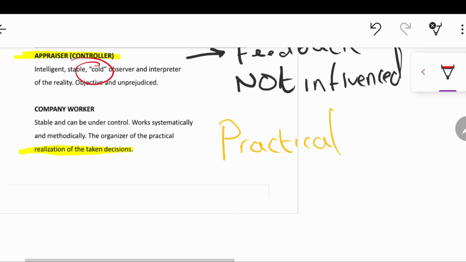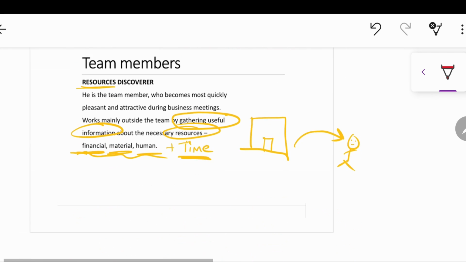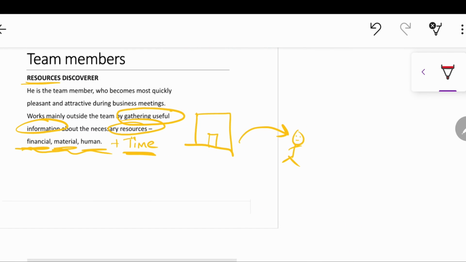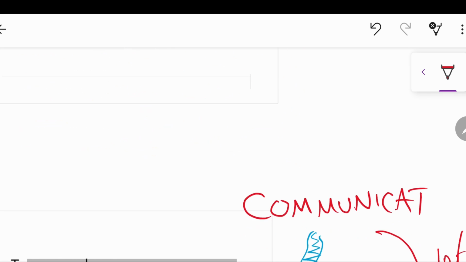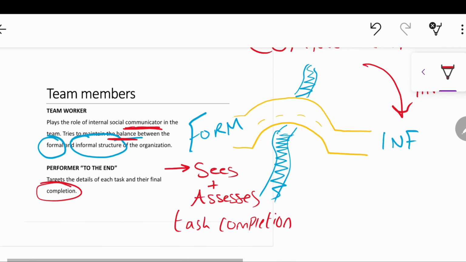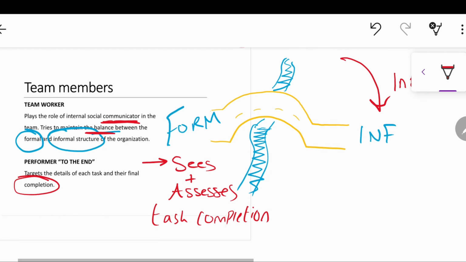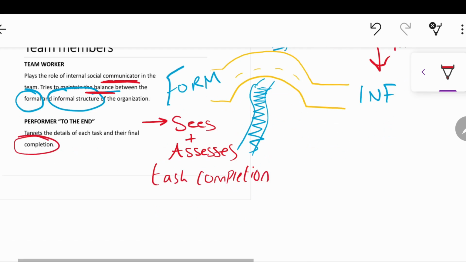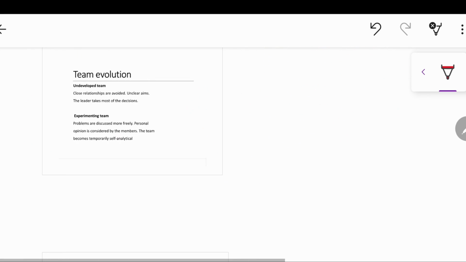The company worker, who is the realizer of the decisions. All right. The resource discoverer works outside the company, gathering the financial, material, and human resources. The team worker acts as the bridge, and the performer to the end sees and assesses the task completion.